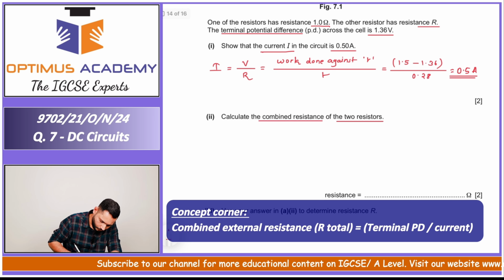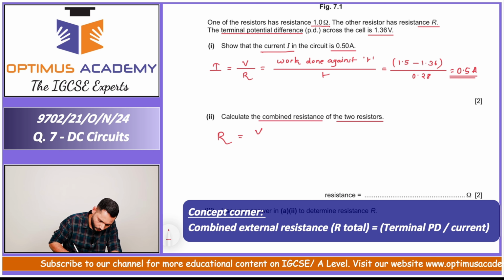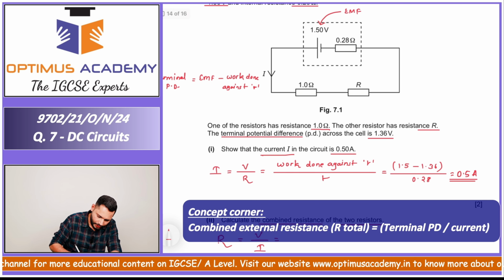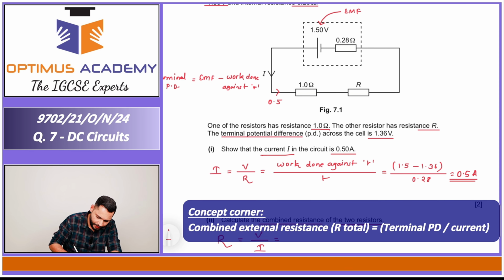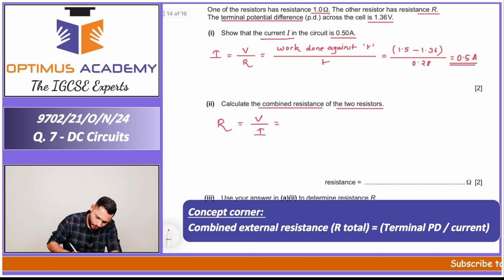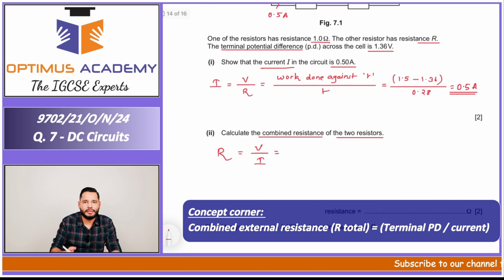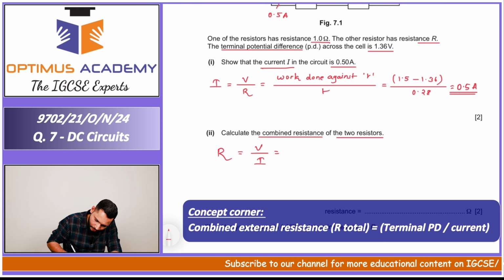Okay. Next, calculate the combined resistance of the two resistors. So the combined resistance is equal to voltage upon current in the circuit. We already have got to know the current value. The current value that is going through both the resistors is 0.5 ampere. So the terminal PD is the remaining voltage for the circuit after charge spends energy against internal resistance. So what is the terminal PD value?